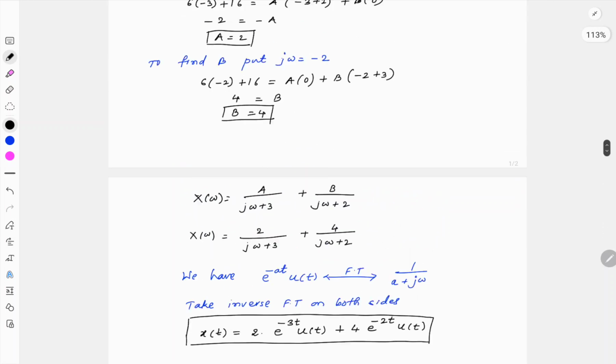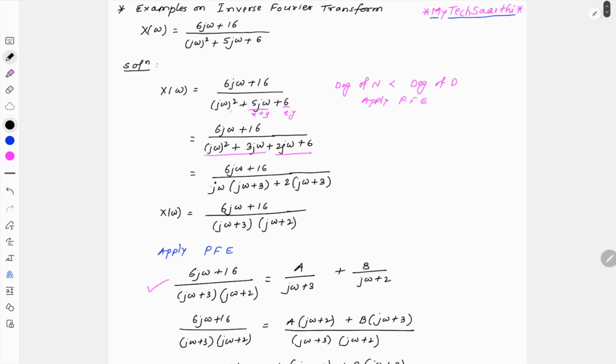So it is simple. First of all, from the given equation, find out the roots of the denominator polynomial, but be sure that the degree of the numerator polynomial is less than the degree of the denominator polynomial. If this is not the case, if the degree of the numerator polynomial is greater than or equal to the degree of the denominator polynomial, you have to do division and represent your answer as quotient plus remainder by divisor, and then apply partial fraction expansion.